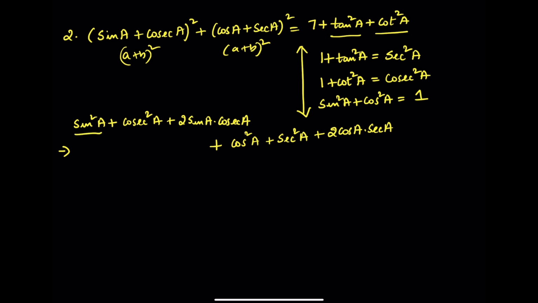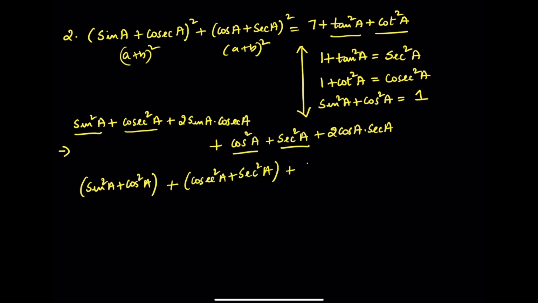So we have sin² A plus cos² A. Let's group that together. Then we can group cosec² A plus sec² A.